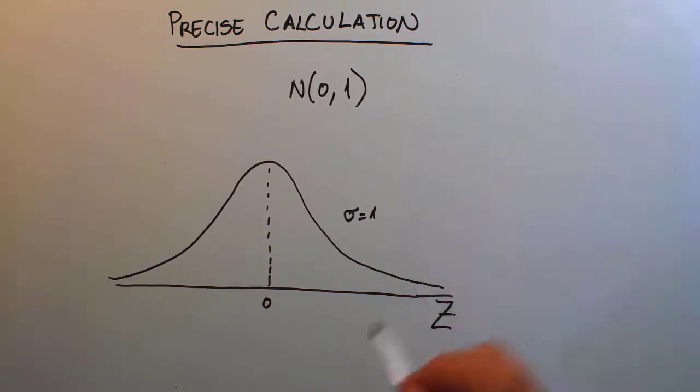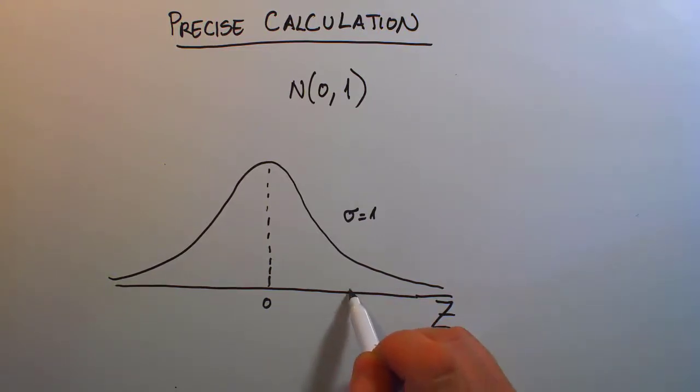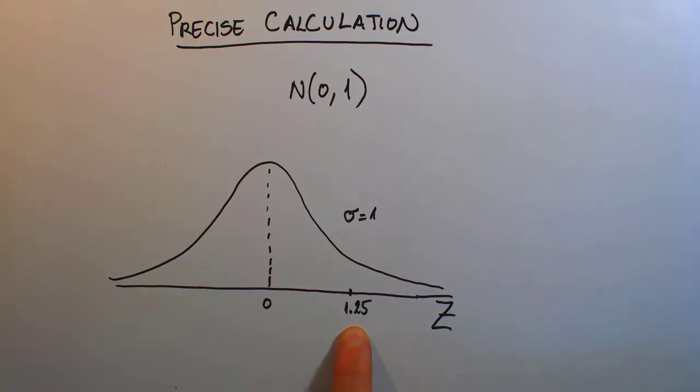Let's say I'm looking at a z-score of 1.25. The first thing to notice is that it's no longer a whole value z-score, so this is where, as I said earlier, the empirical rules fail to work.